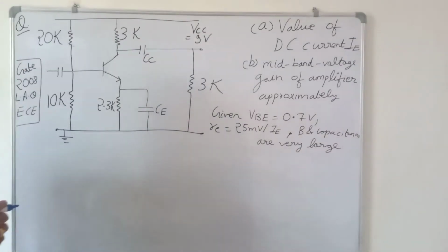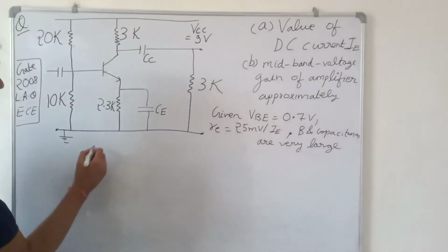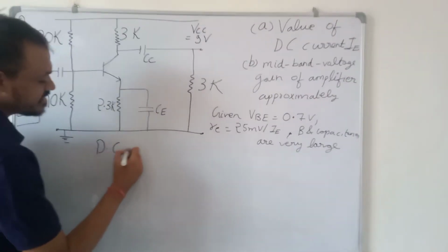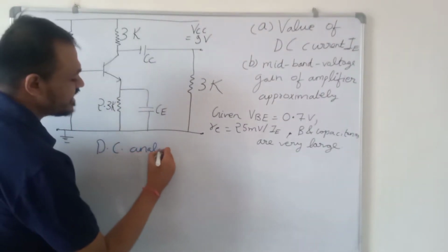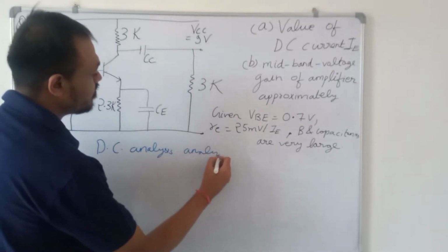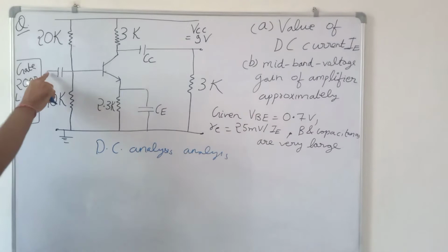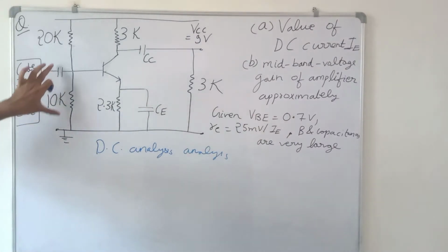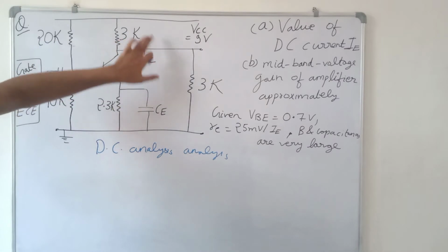To do the DC analysis, we have to make the capacitors open circuit. So if we open circuit, this capacitor will get open circuited, and this capacitor will also get open circuited.